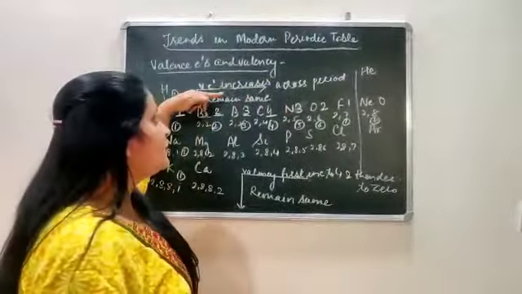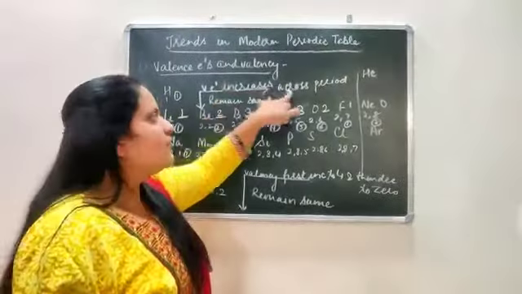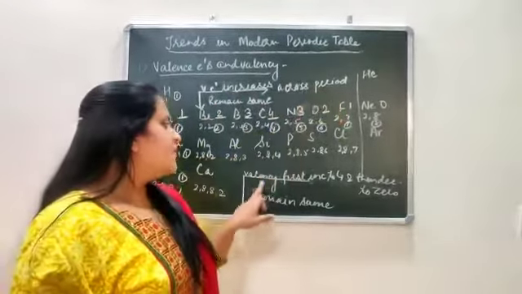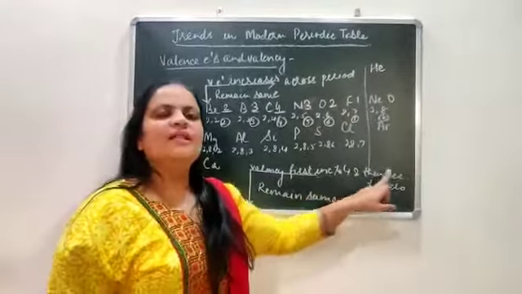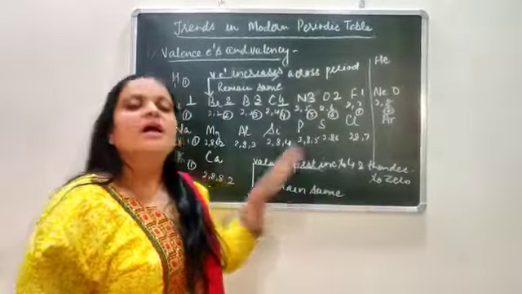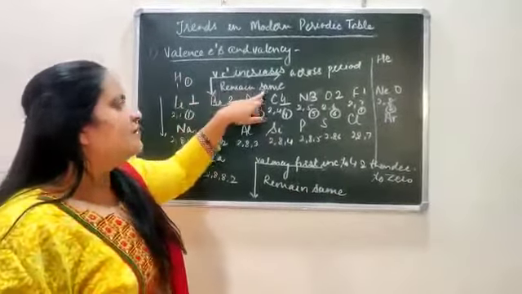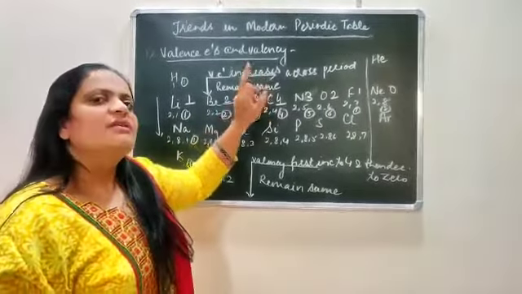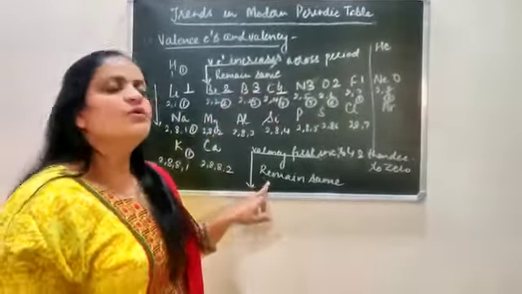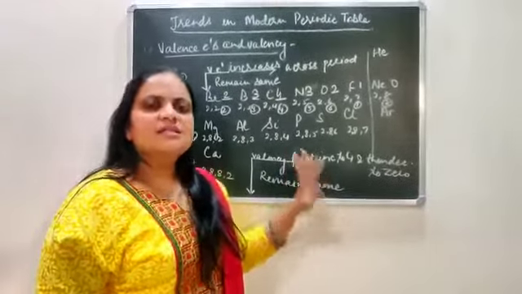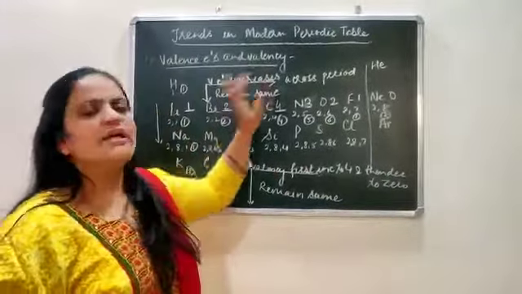It means valence electrons will continuously increase when we are moving across a period, whereas valency first increases to 4 and then decreases to 0. Along a group, the valence electrons will remain the same. If the valence electrons are the same, the valency would also remain the same. This is the first point, that is valence electrons and valency.